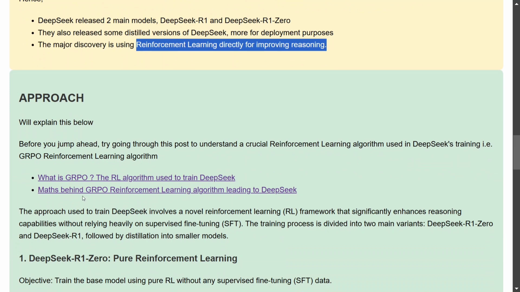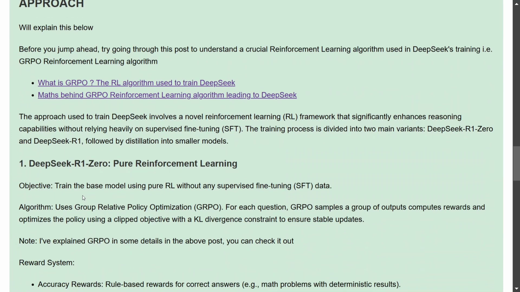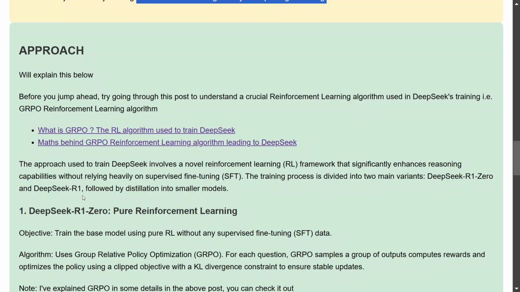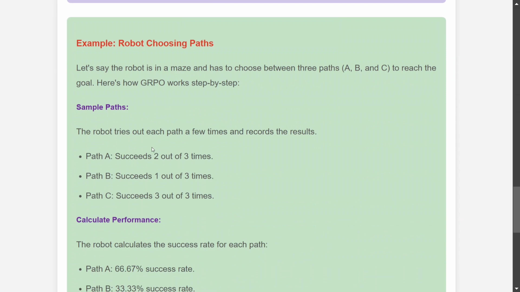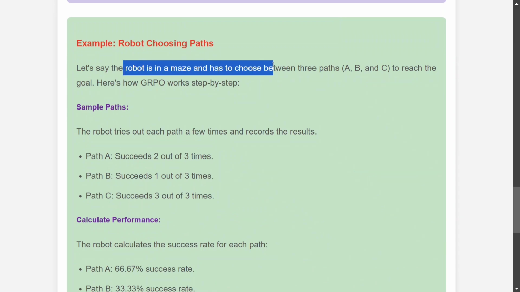Now talking about the entire approach, you first need to understand how the GRPO algorithm works. So just giving you a brief about how GRPO works, let's understand GRPO with this example. I have already covered the algorithm in quite some detail in my previous video. You can check that out as well. So assume that there is a bot which is in a maze and has to choose between three paths A, B and C. So what does the bot do?